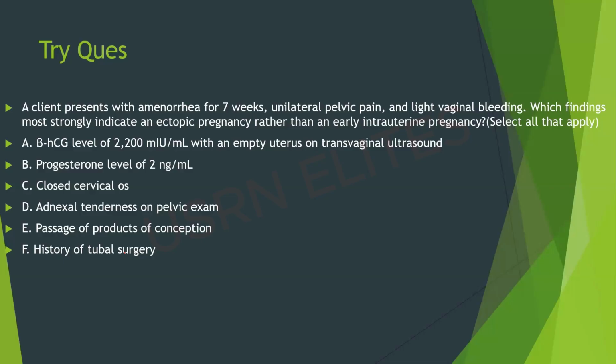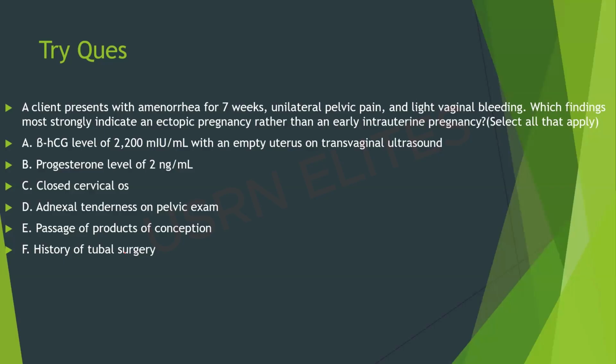Me, I'm choosing only A. It is already an ectopic pregnancy, so what will really make us know that it's truly an ectopic rupture? I'm sure that's what the question is, so I'll choose A and D. A and F. A and D. D, adnexal tenderness on pelvic exam. D is part.